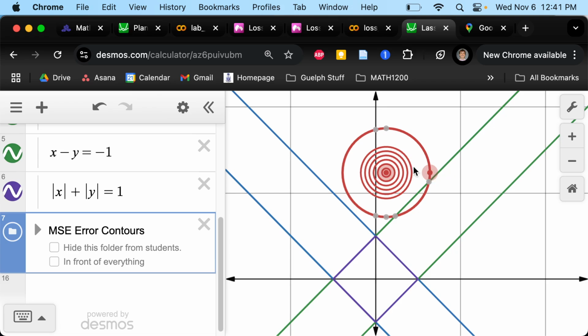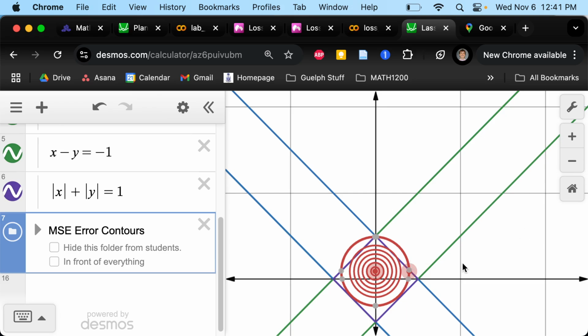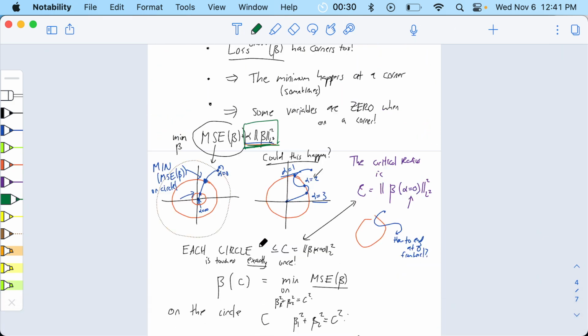That's a great question. If the circle is inside, then the absolute minimum of the mean squared error anywhere is the very center of the circle. So now you're looking at a diamond that contains the absolute minimum. That is exactly like the situation we started with over here, where we were doing it 0 times.